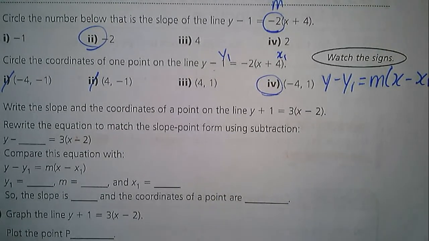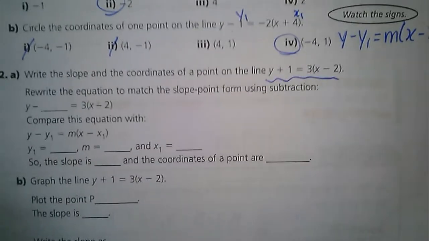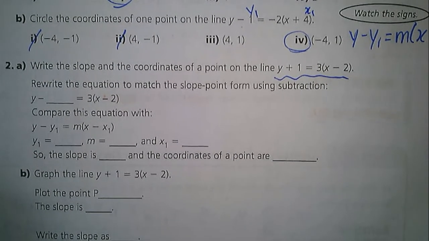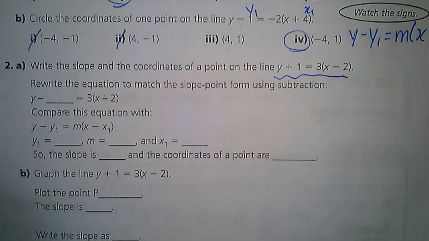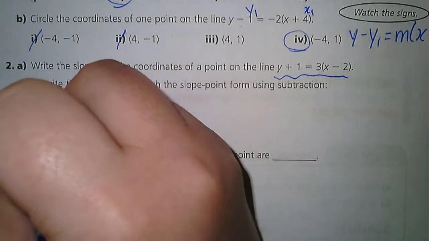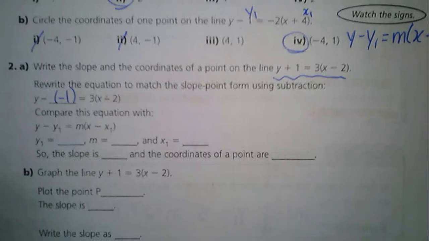In the next one, they've asked you to write the slope and the coordinates that lay on this point, and then we're going to be graphing it after. So it says rewrite the equation to match the slope point form using subtraction. So again, we want to compare that equation to our previous one. So if this is a +1, remember +1 is the same as actually a -1.